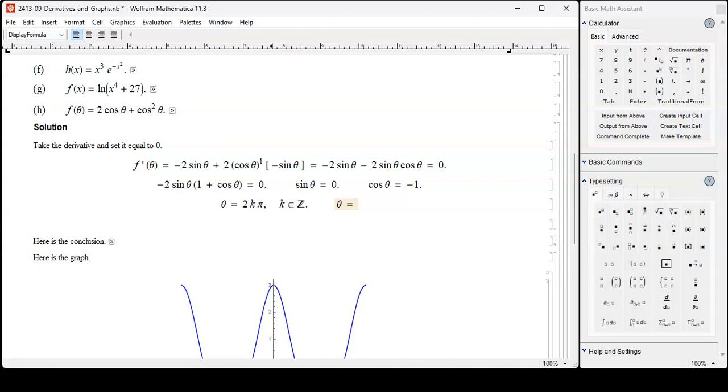Cosine is negative, that means odd multiple of pi, 2k plus 1 pi. So even multiple of pi, or actually, excuse me, sine is 0, so any k pi as a matter of fact, doesn't have to be even multiple. So this one actually absorbs everything.